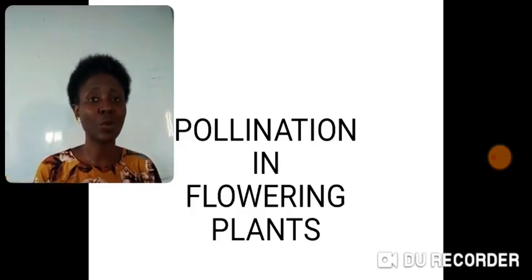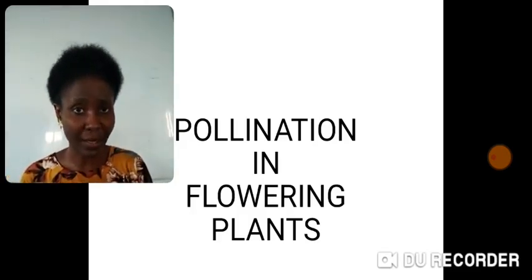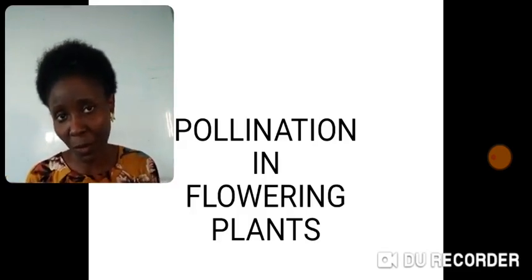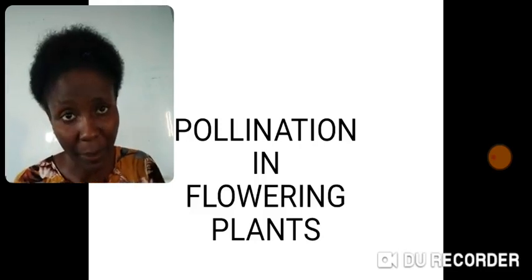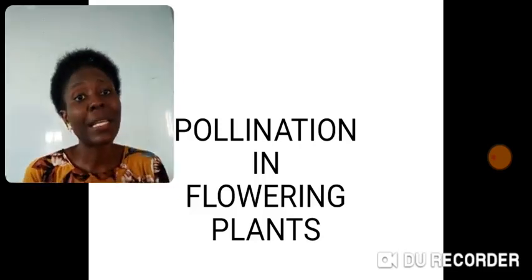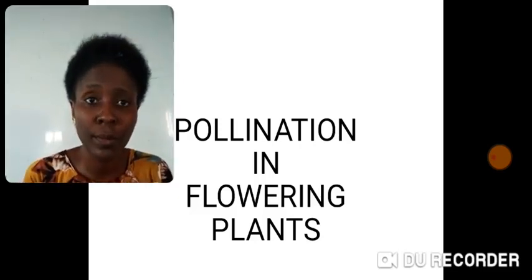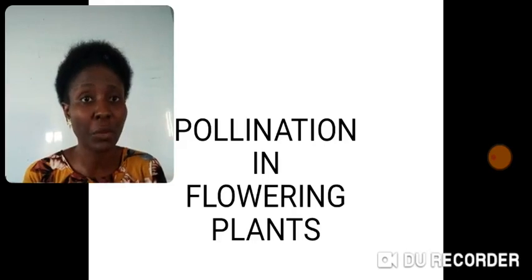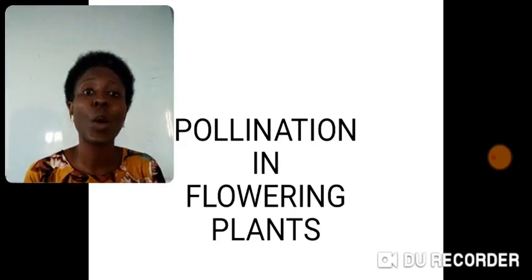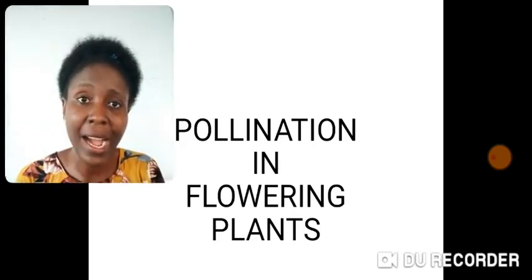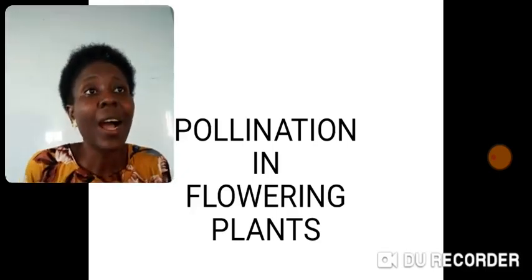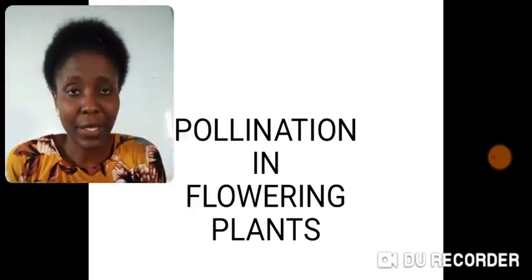So it's just one of the sex organs being ripe while the other reproductive structure is not ripe yet. So in this case, we'll be taking a look at dichogamy in two major groups or classes. Dichogamy can be classed into two, which is protandry and protogyny.